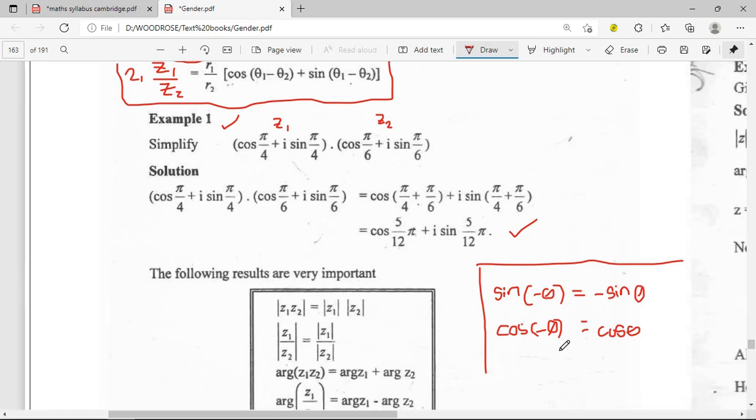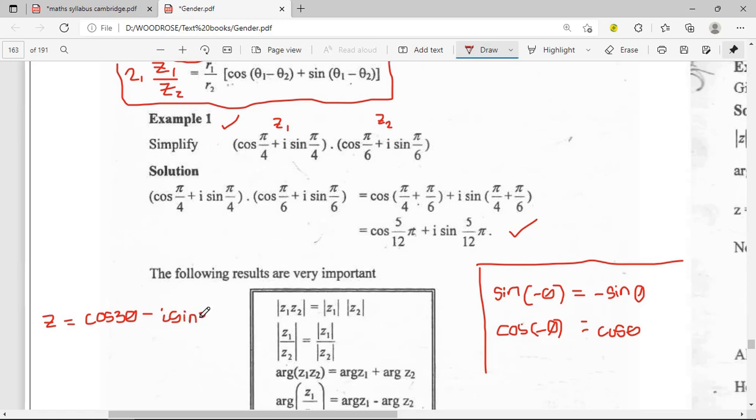You see where they are very important. They're important when our z has a negative, like we might have z equal to cos 3 theta minus i sine 3 theta.